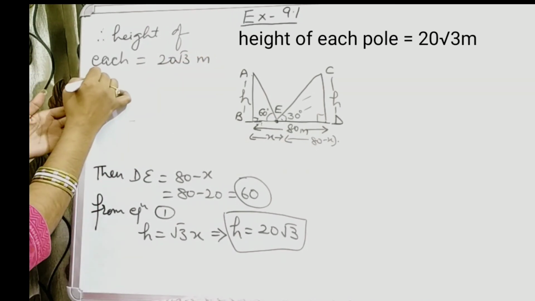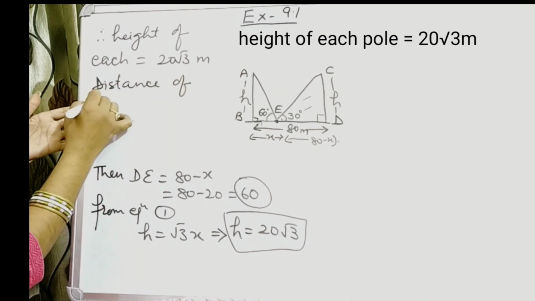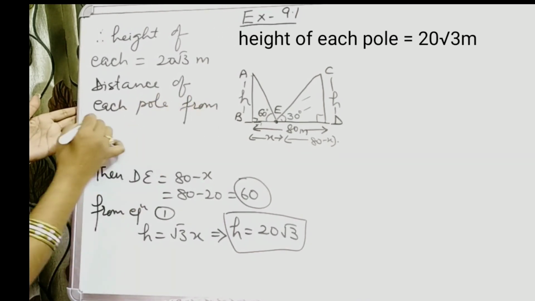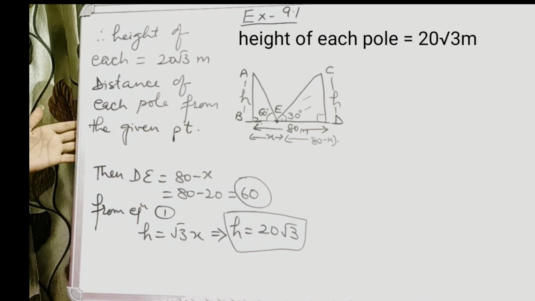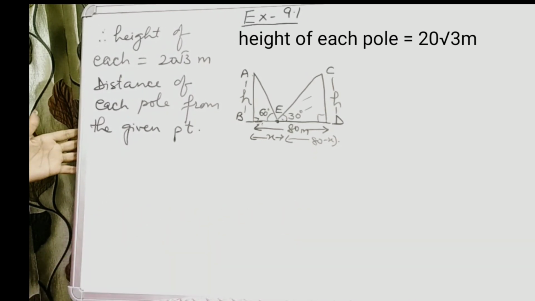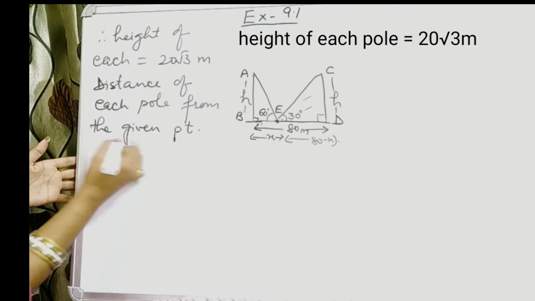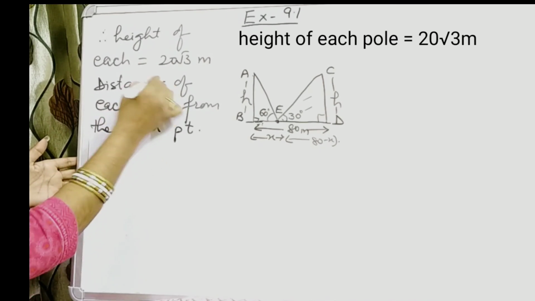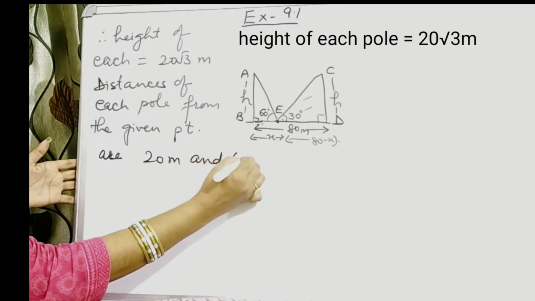And the distance of each pole from the given point: the first distance was 20 and the second distance was 60. So the distances are 20 meters and 60 meters.